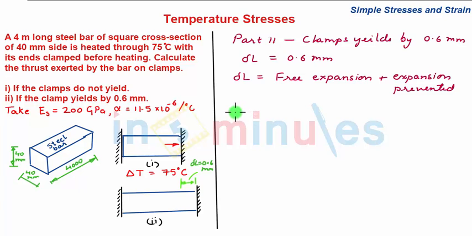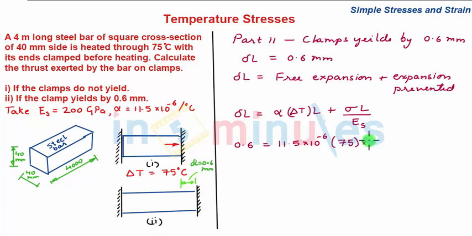Upon substituting the values, delta L is alpha delta T into L plus sigma L by E. So 0.6 is equal to alpha, same 11.5 into 10 to the power minus 6, into delta T, which is 75 degrees centigrade, into 4000 mm, plus sigma into length 4000 mm upon E_s, which is 200 into 10 to the power 3.